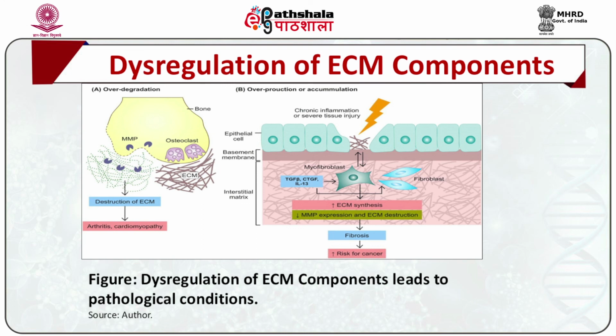The cascade starts from the production of transforming growth factor beta, that is TGF beta, connective tissue growth factor, that is CTGF, and interleukin 13, that is IL-13, leading to a stimulatory effect on producer cells, resulting in pathological fibrosis and increasing the chances of cancer. The excessive ECM exerts a positive feedback loop on fibroblasts to synthesize more of the ECM components.